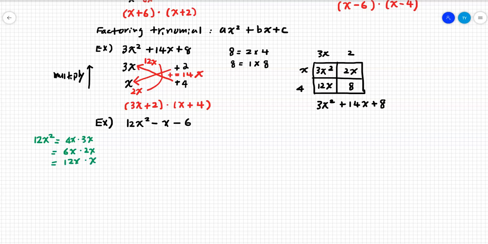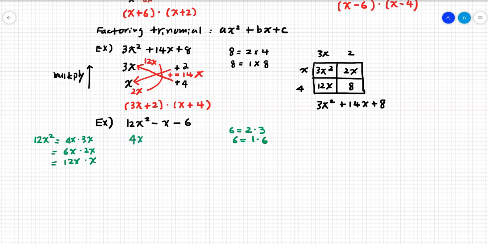Those are the three choices that we need to look at and select one. At the same time, we have a 6. You can have 2 times 3, or 1 times 6. So we're going to have to try the combinations of these factor forms of 12x squared and 6, so we can come up with the minus x in the middle.